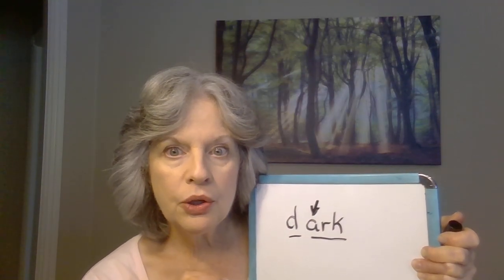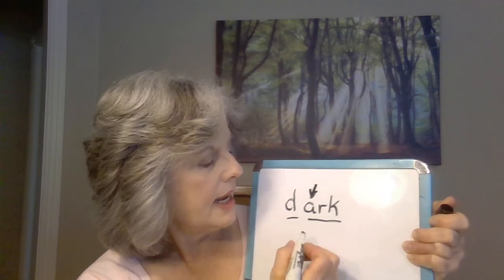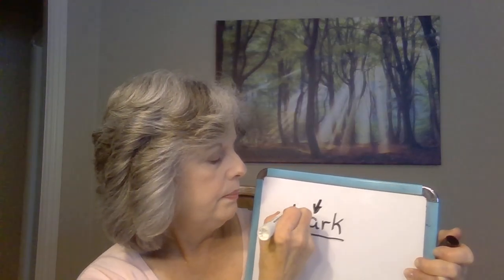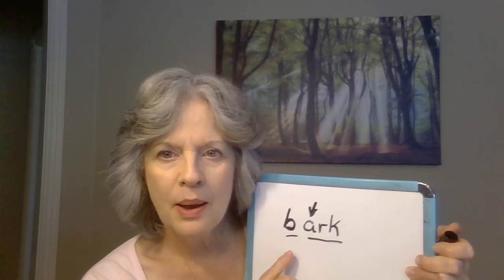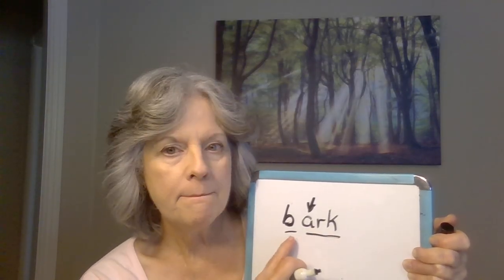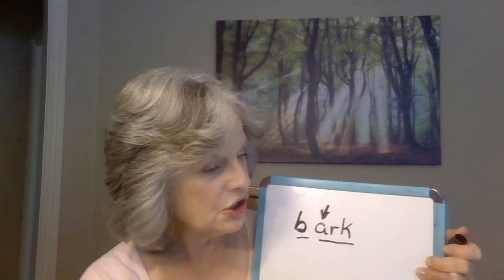Ooh, you know what we could do? You got to see this. This is great. If we change that D to the letter B, what does B say? B-ark. Bark. Oh, that's what a dog does. He barks. Yes, good job.